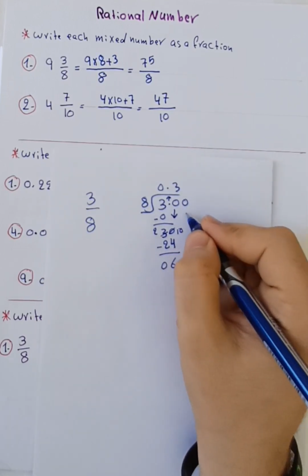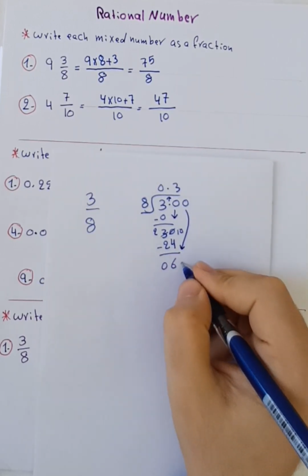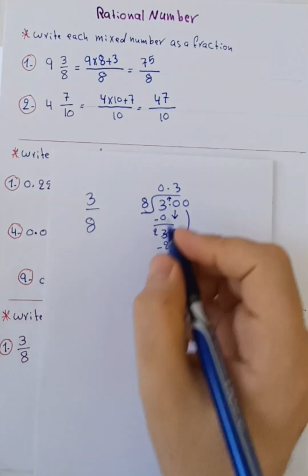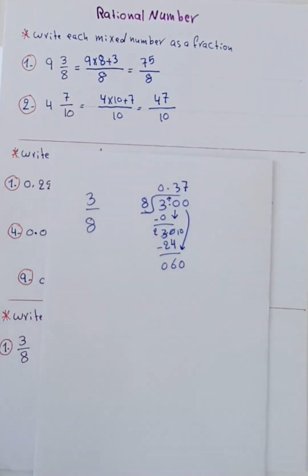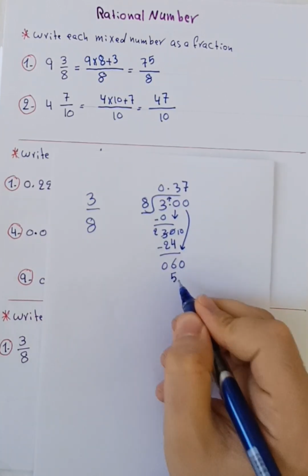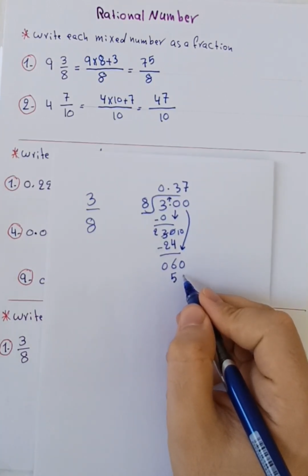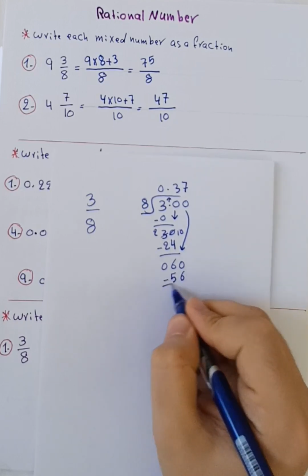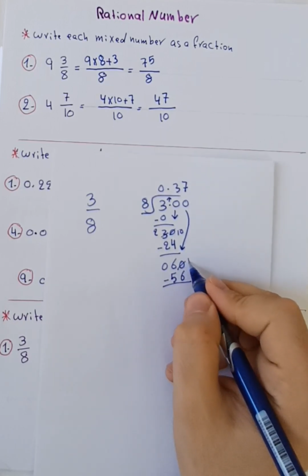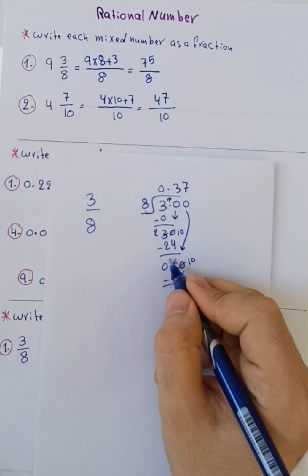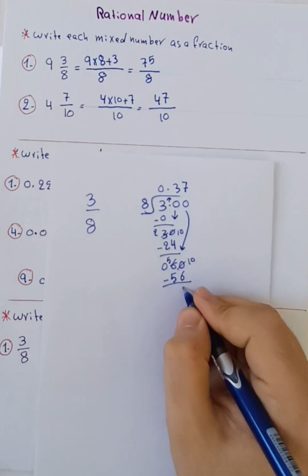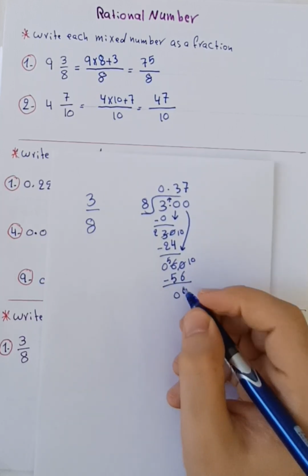And then we have to write another 0 and bring it down. 60 divided by 8 is 7. 7 times 8 equals 56. This 0 becomes 10 and 6 becomes 5. 10 minus 6 is 4. 5 minus 5 is 0.